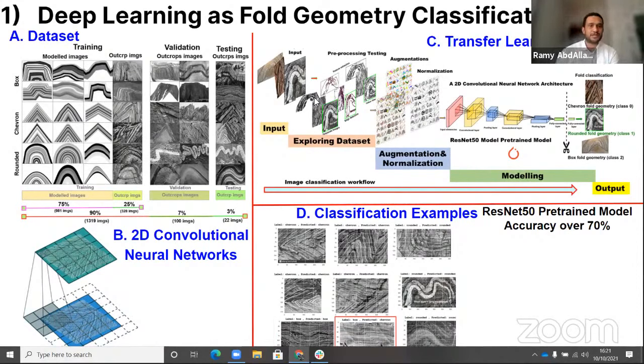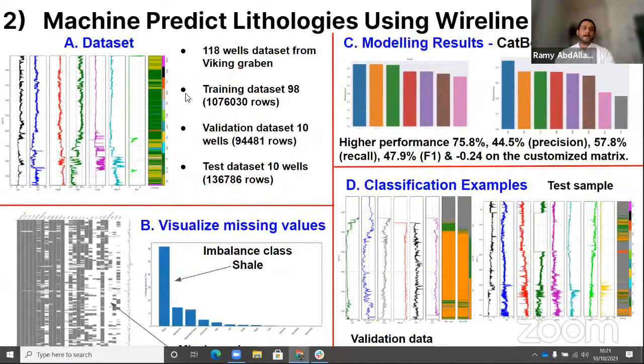The second project uses the data set from the FORCE competition 2020, where we used petrophysical well log data to predict the subsurface lithology. This data set has a lot of missing values and imbalanced classes. We overcame the missing values by creating a model.